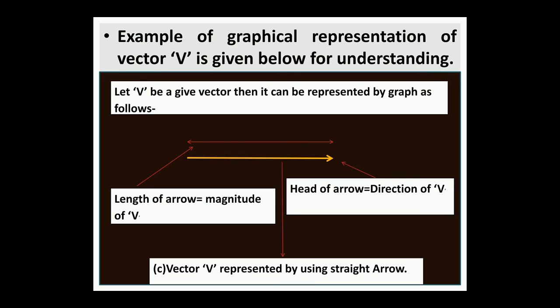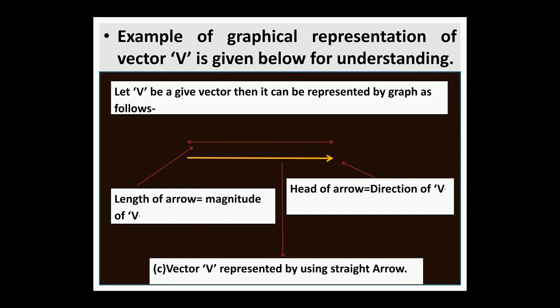So you have to always keep in your mind while you are using the pictorial method to represent a vector, then the length of the arrow will always indicate its magnitude, while the head will always indicate the direction of the vector.